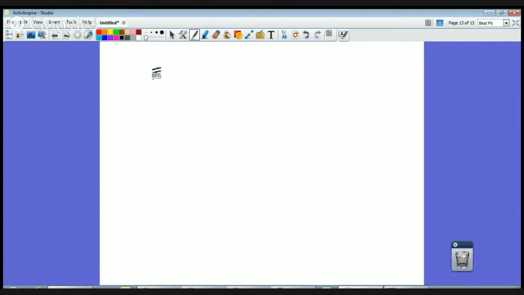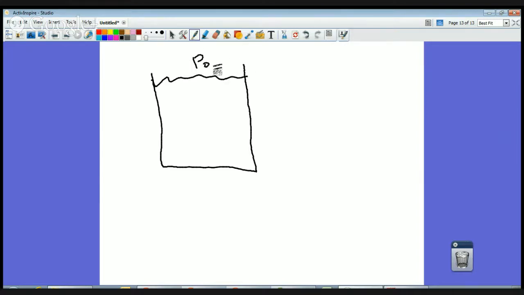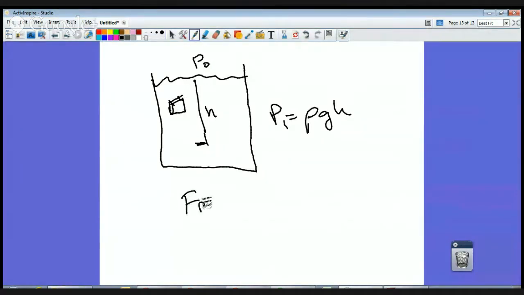Remember, if you are in a tank that is open like this, you've got atmospheric pressure here, some depth down here, h. You want to know, what's the pressure there? Well, that's just going to be rho g h. The buoyant force, if I have a cube of something in here, right? Well, the buoyant force is going to be equal to the weight of the water you displaced.